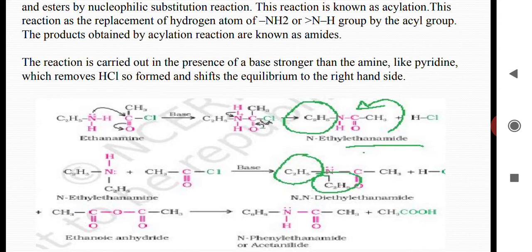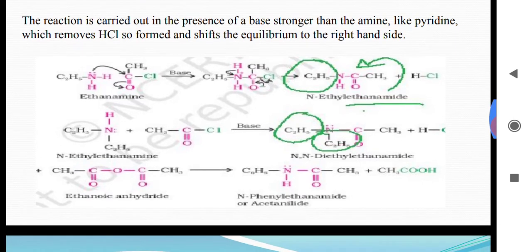In order to get rid of this charge, the hydrogen in the form of H positive is lost. And similarly, when oxygen forms the pi bond, in order to form C double bond O, Cl is lost, and thereby HCl is formed as a byproduct, which is removed with the help of a base, right? So children, try writing this mechanism. We have done these types of reactions a lot of times in the previous lectures, right?